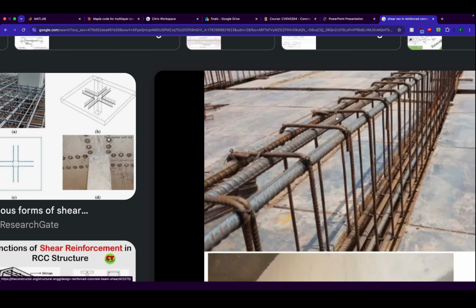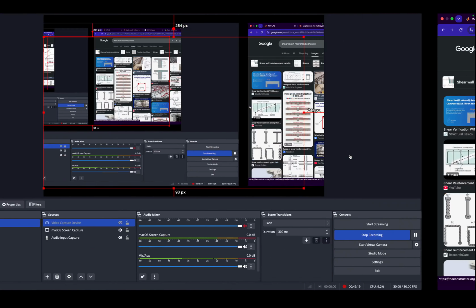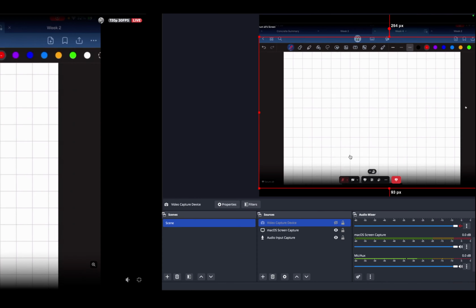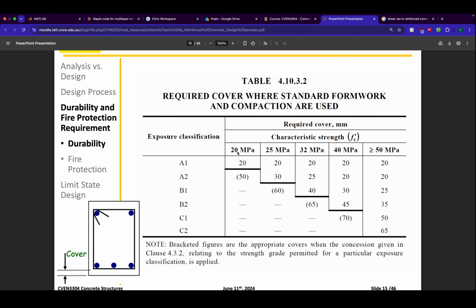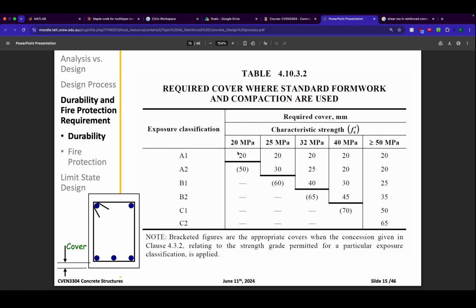You see that? It's wrapped around, and that's for shear, for the shear area. So going back to this, the cover is that.